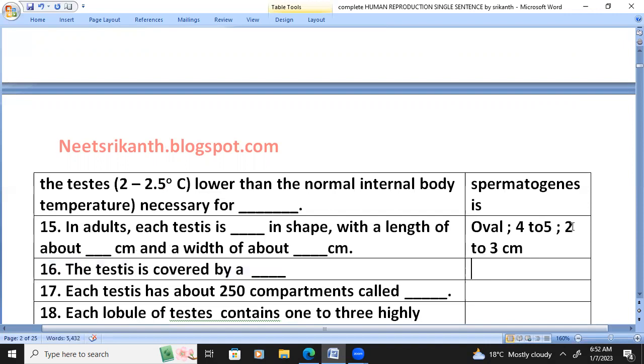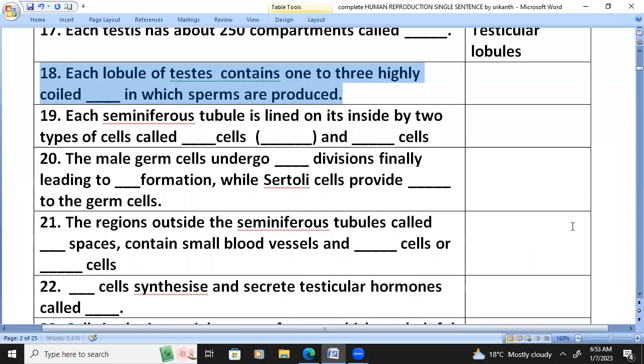The testis is covered by dense connective tissue covering called tunica vaginalis, parietalis and visceralis. Each testis has about 250 compartments called testicular lobules. Each lobule of the testis contains 1 to 3 highly coiled seminiferous tubules.